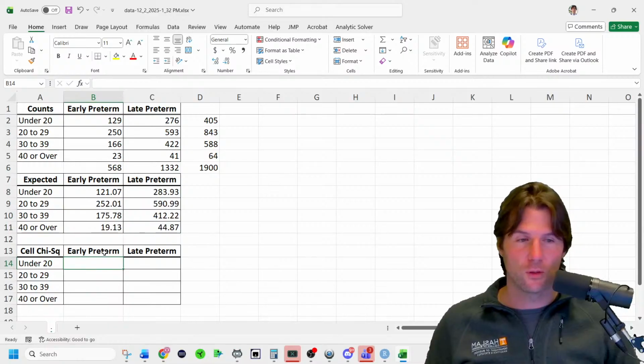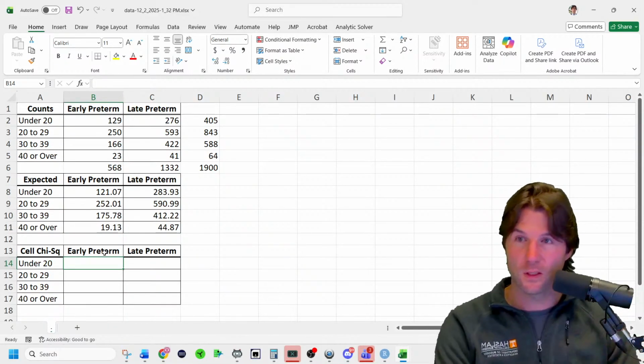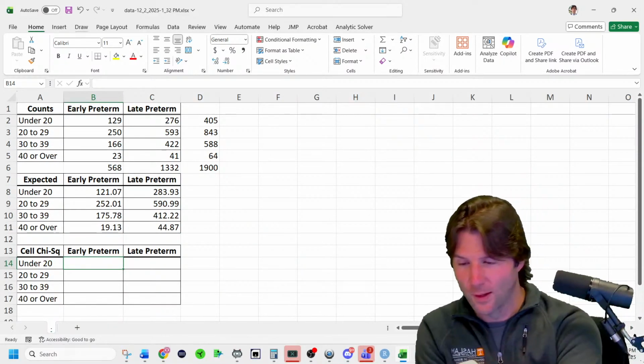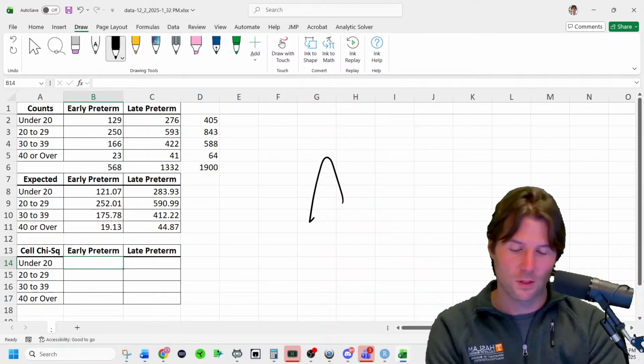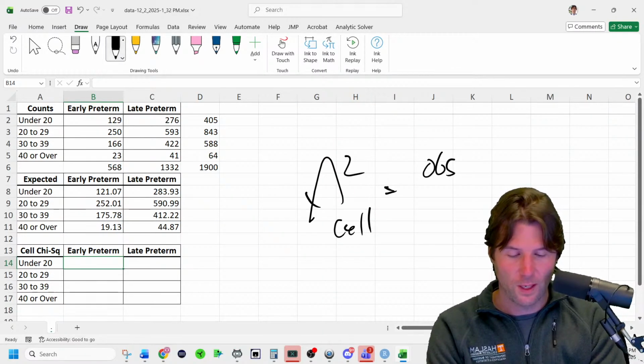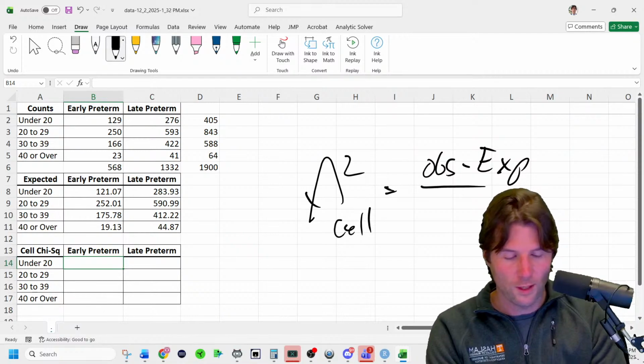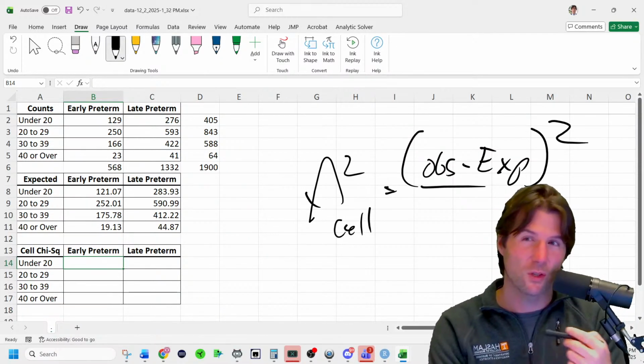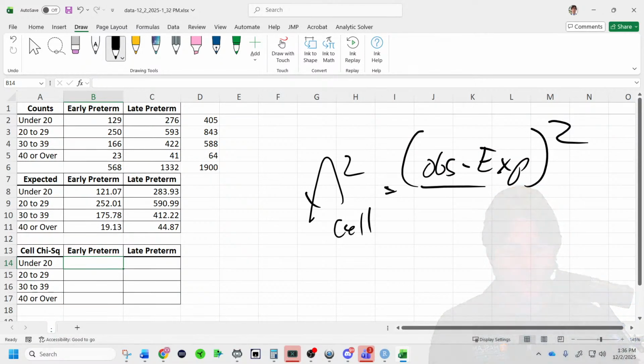And now let's do the next one, which is the cell chi-squared. A cell chi-squared is going to be the observed minus the expected quantity squared, which is just a discrepancy squared to make it positive, over the expected, which standardizes it via how many we expected to see.